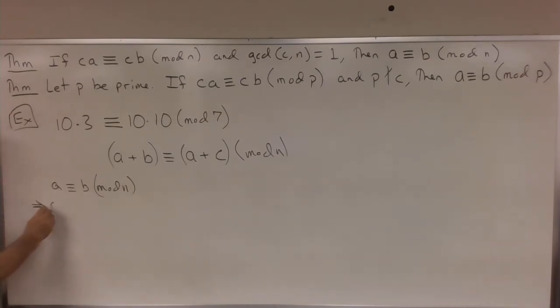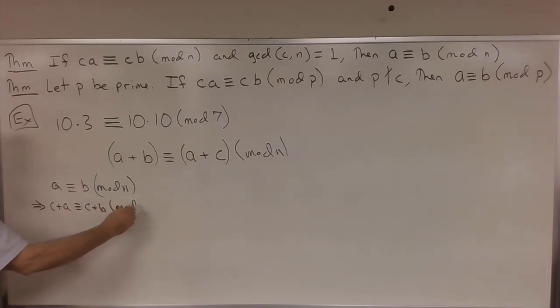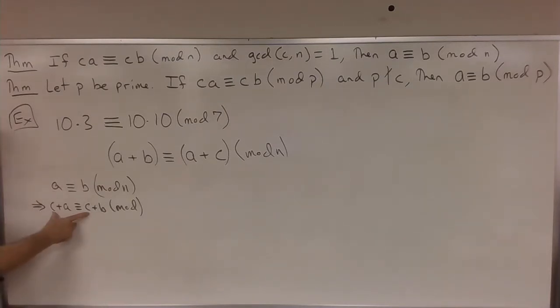So we could add C: C plus A is congruent to C plus B mod n. So we took a congruence, added the same number to both sides, and the congruence is preserved.